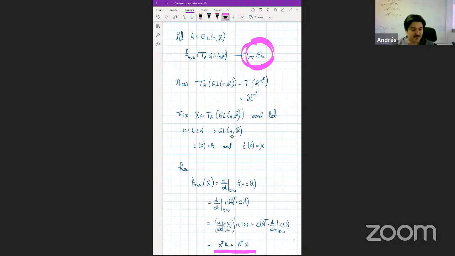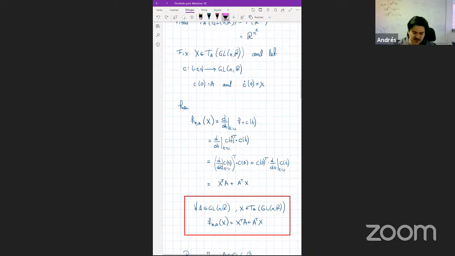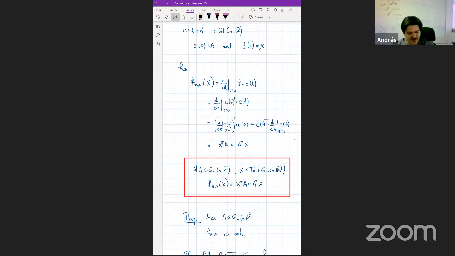It's a vector there. And we show that F star is surjective. So this is what we have proved. Again, I took any A, but we will be only interested in A, which is orthogonal.